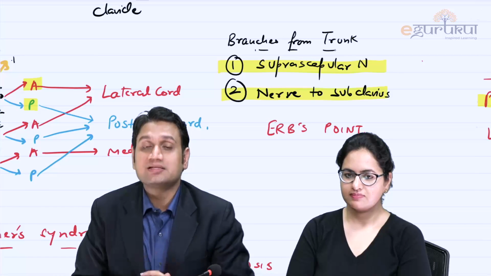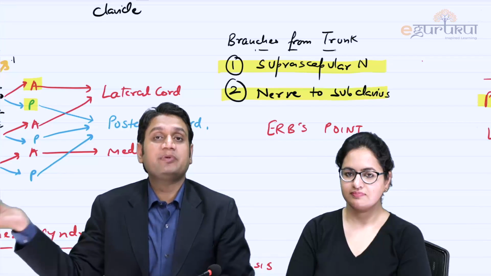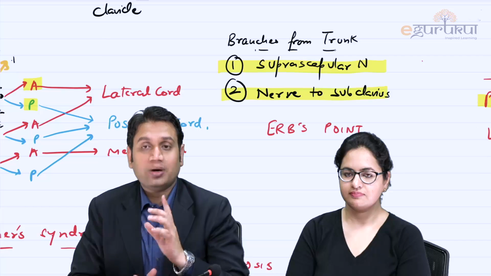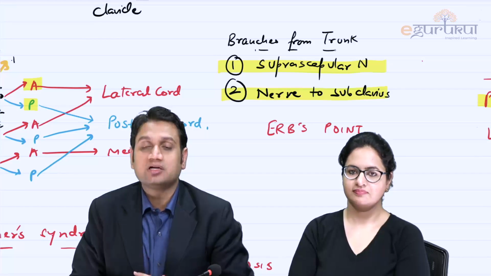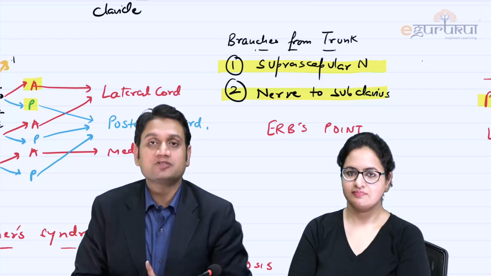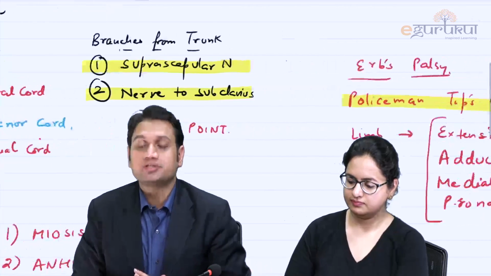Infraspinatus, as we already discussed, is responsible for external rotation of the shoulder, and the patient won't be able to do so, right? So one branch from the trunk which is clinically very relevant is the suprascapular nerve, supplying supraspinatus and infraspinatus, with failure of initiation of abduction and external rotation.